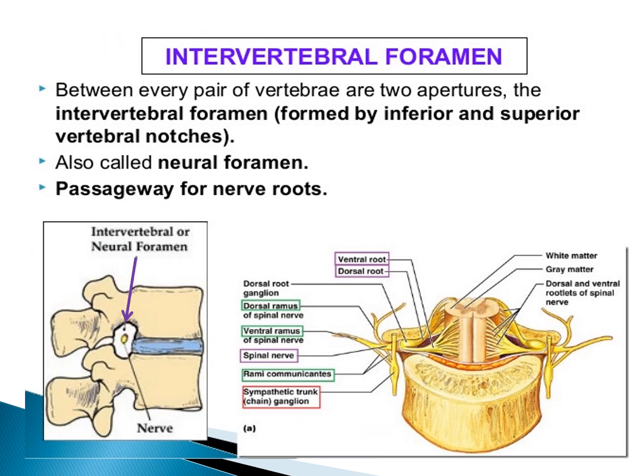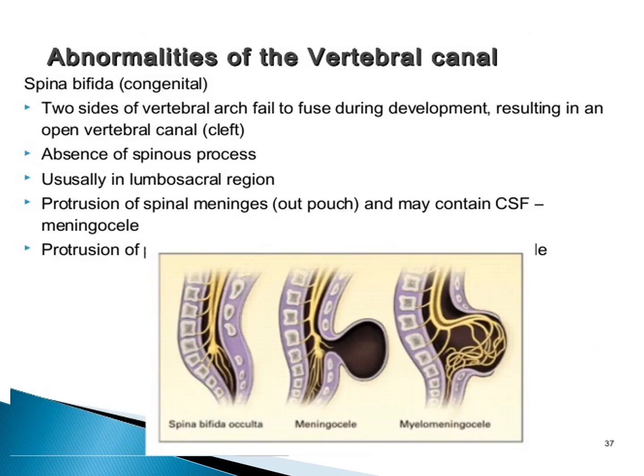Intervertebral foramen, or the neural foramen, between each pair of vertebrae are two apertures. Intervertebral foramen is formed by the superior and inferior vertebral notches. It allows the passage of nerve roots. Abnormality of the vertebral canal is spina bifida.